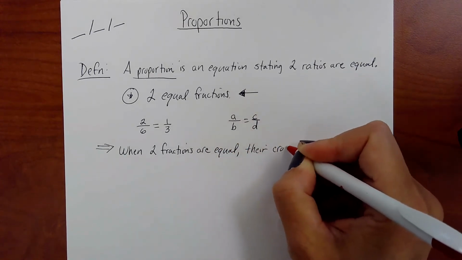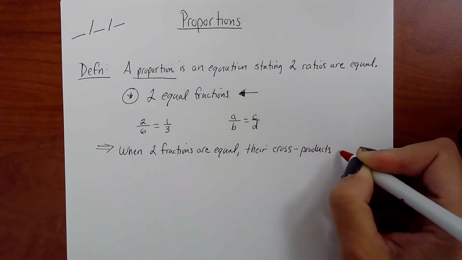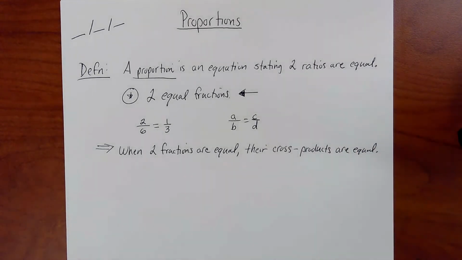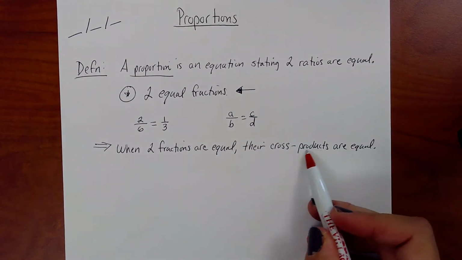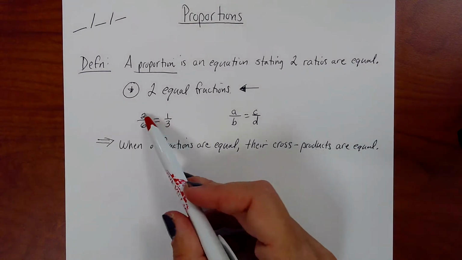When two fractions are equal, their cross products are equal. What on earth is a cross product? Well, product is the answer when you multiply. Cross means they're going across.